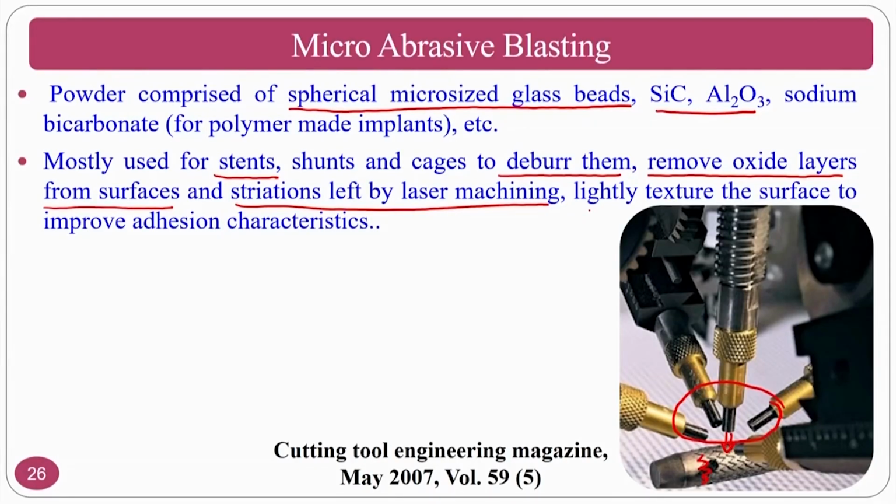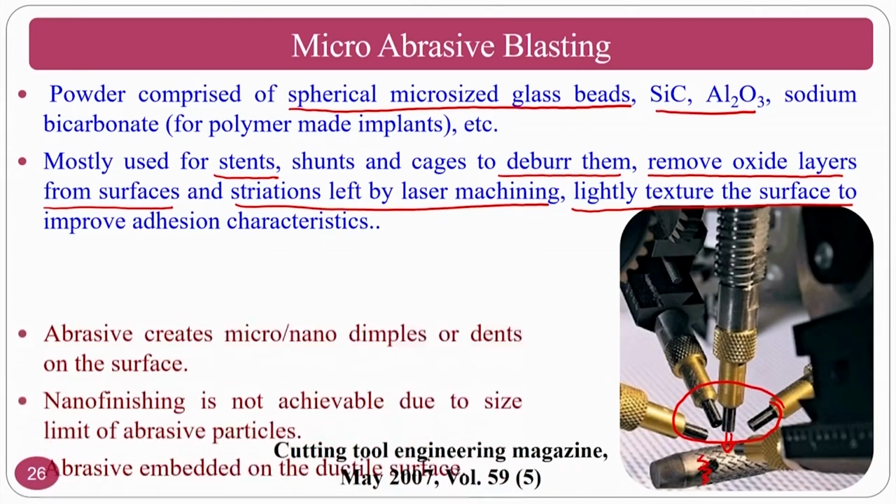So these are oxide layers, or sometimes people use underliquid laser beam machining. In that circumstance, if your liquid is a carbon-based liquid, then you have carbides. So in order to remove all these things and at the same time to make textures on the surface, you will have to do the microblasting operation.